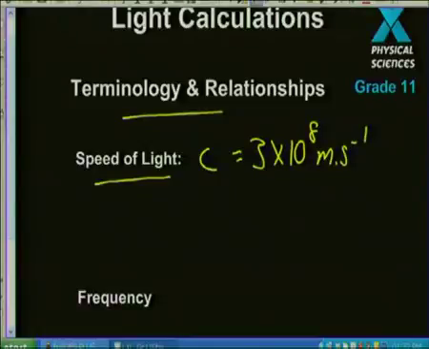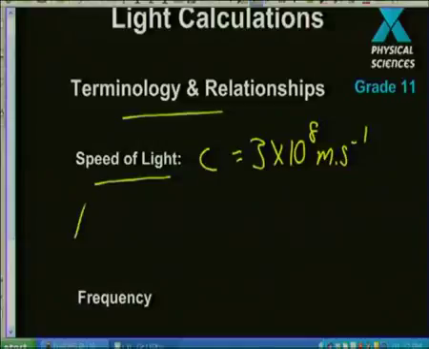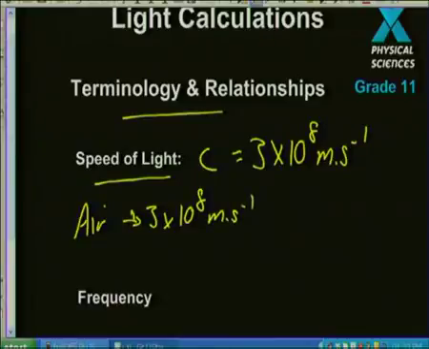Now, you need to know that it's not given in questions, so you can assume that where they talk about the speed of light, that you must use 3 times 10 to the 8 meters per second. Now, remember that in air, the speed of light is about the same. In air, it's very close to 3 times 10 to the 8 meters per second. We can approximate it and say, in air, we'll take it like that.